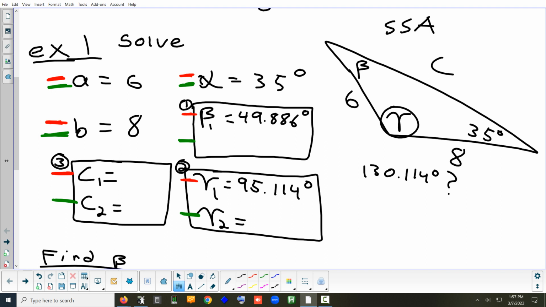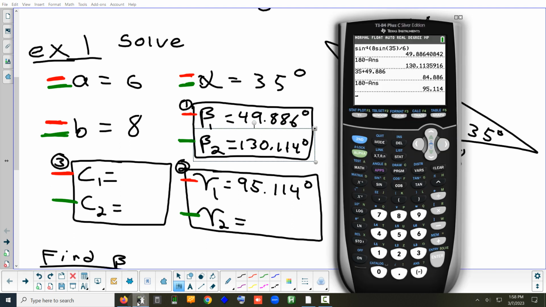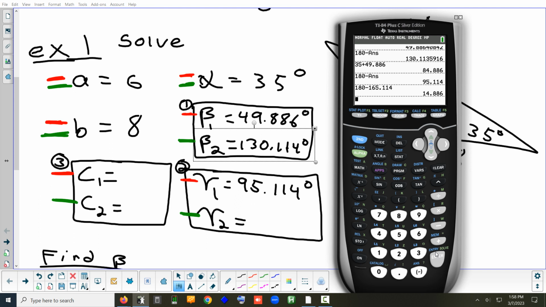We're going to add those together, and then we're going to subtract from 180. What's 35 and 130.114? We actually already added that up. What is it? 165. So 180 minus 165.114. So gamma 2 is 14.886.